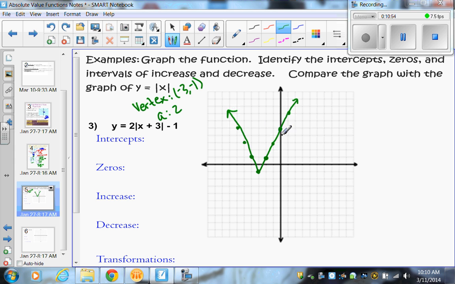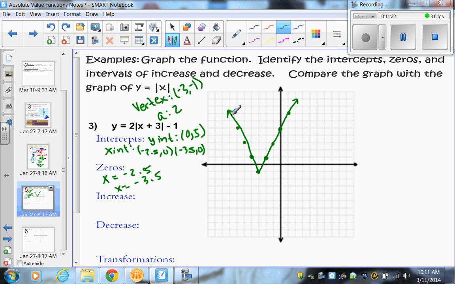My intercepts, my y-intercept looks to be at 5. My x-intercepts look to be at -2.5 and -3.5. Which then tells me that my zeros are x equals -2.5 and x equals -3.5.